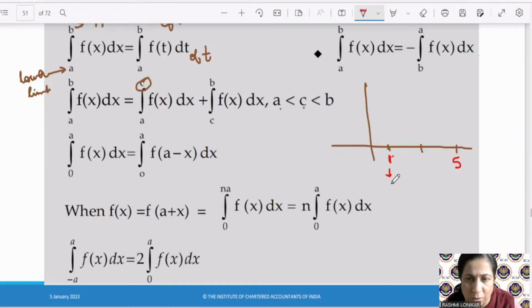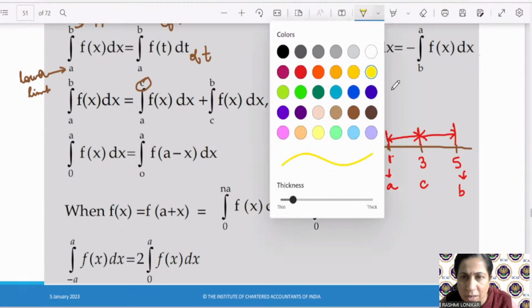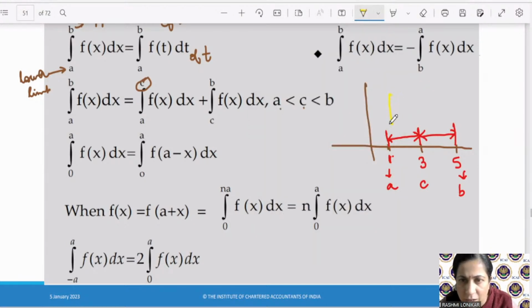Then this 1 will be my A and this 5 will be my B. Then I can choose a point C, so that when I'm integrating, I can find the integration from A to C and then from C to B. It is the same as finding the integration between A to B, provided obviously that C is lying between A and B. Okay. Then this is also one property they can ask for theory.